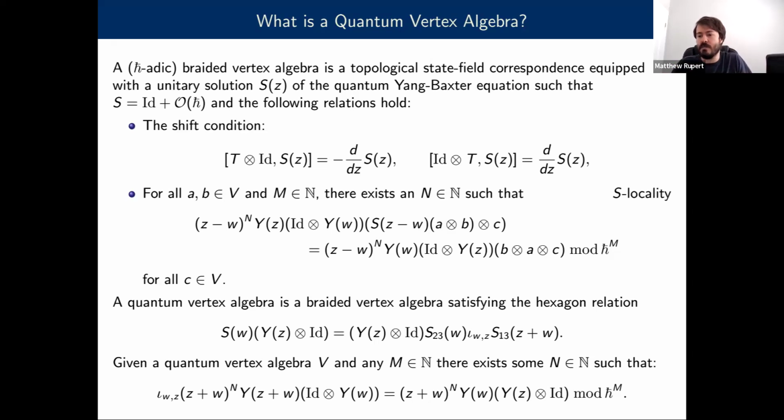For braided vertex algebras, these are not satisfied. You need to impose an extra condition. So if you impose this hexagon relation, what you find is that for any natural number m, the natural associativity condition holds mod h bar to the m.